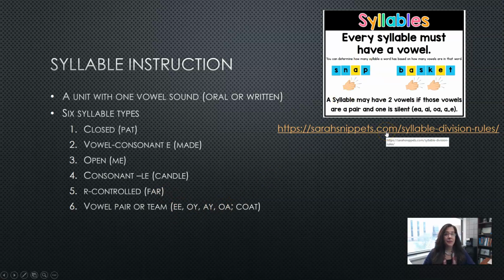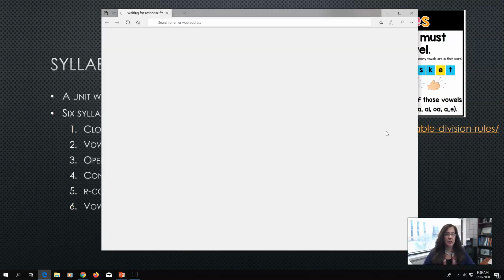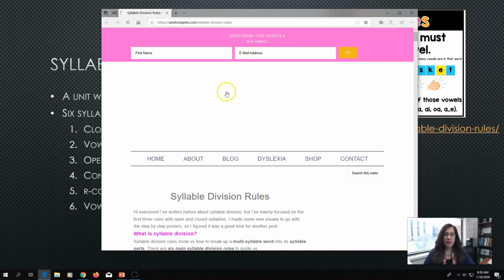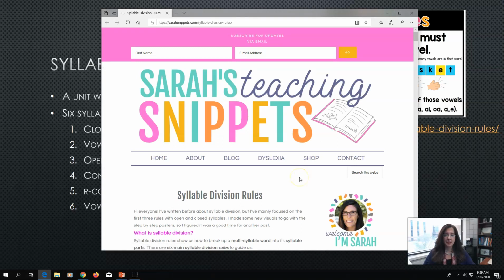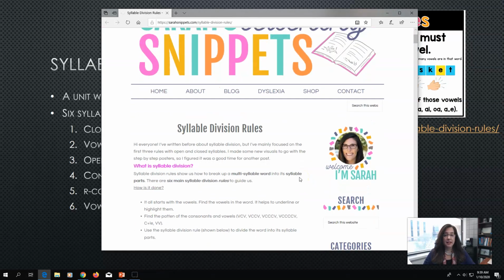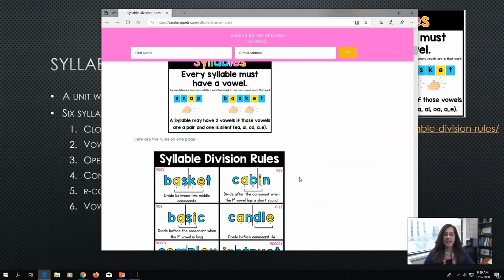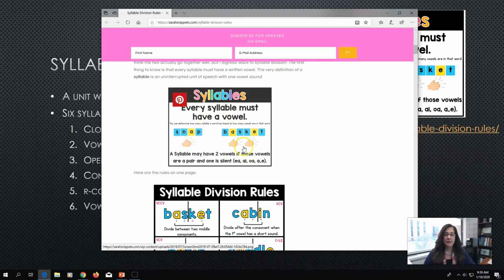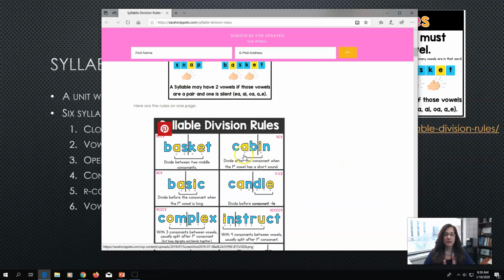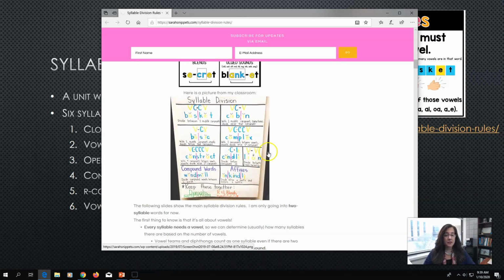And here, again, we have visuals that you might find helpful with Sarah Snippet's website. So she has a nice explanation about what it looks like for using syllable division rules. And then she also has different examples that teachers can benefit from and students can as well.